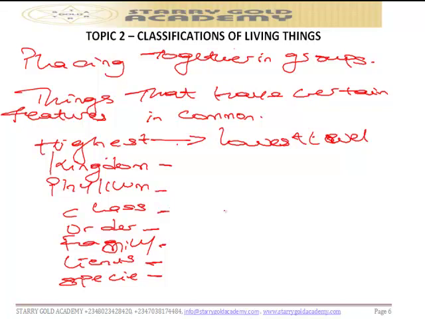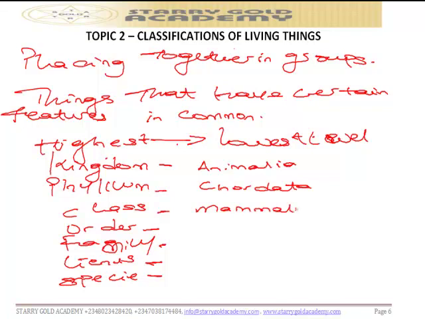Example. Man belongs to the kingdom Animalia, because we are higher animals, and we belong to the phylum Chordata, and class Mammalia.